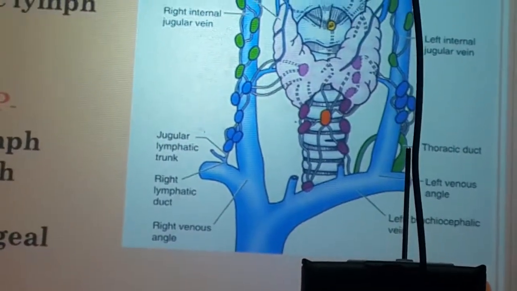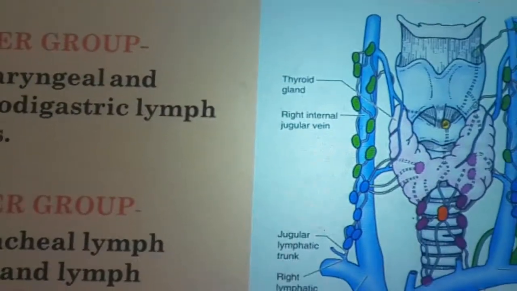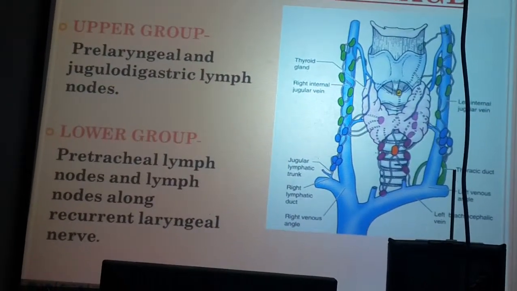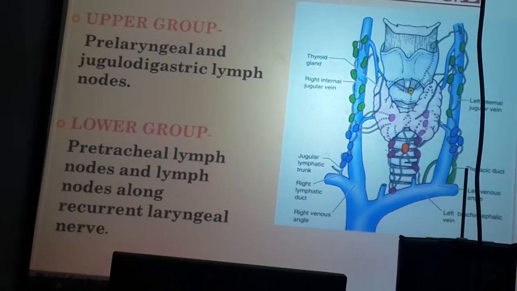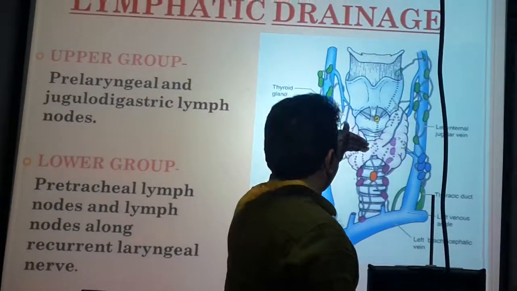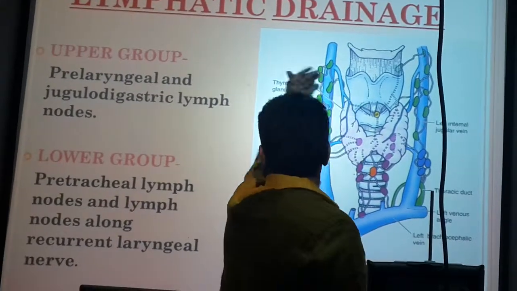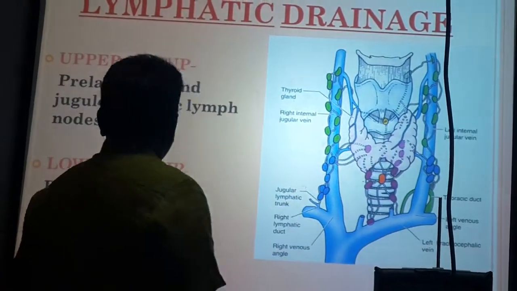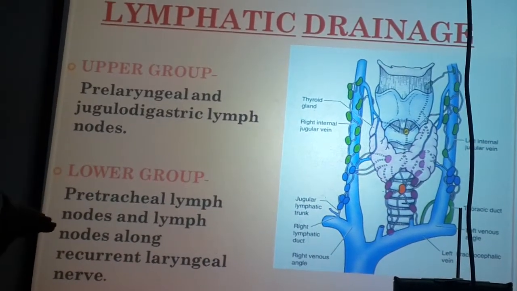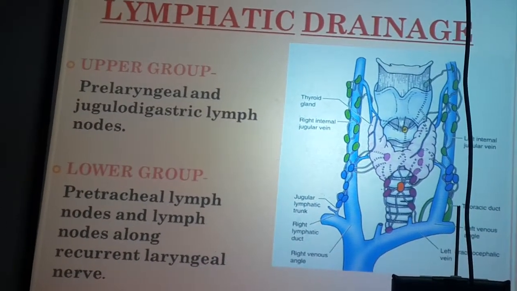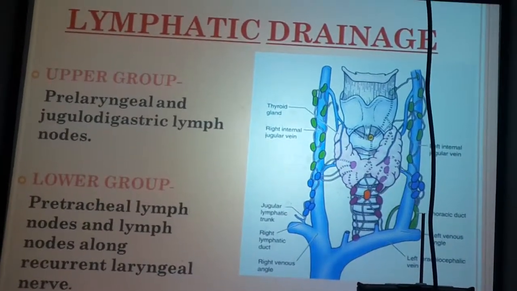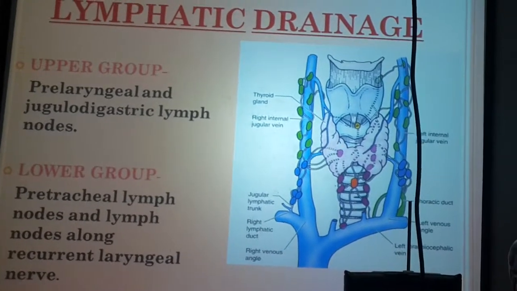Next is the lymphatic drainage. The upper group of the gland drains into the pre-laryngeal and jugulodigastric group of lymph nodes, and the lower group drains into the pretracheal nodes, along with the recurrent laryngeal nerve.